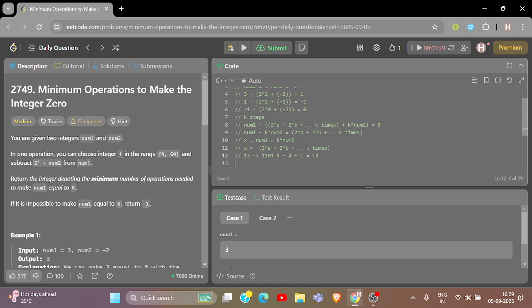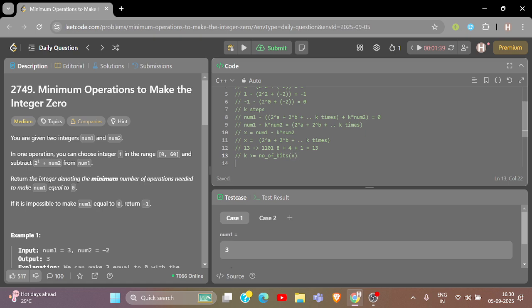So my lower bound is that k must be greater than or equal to the number of bits of x.